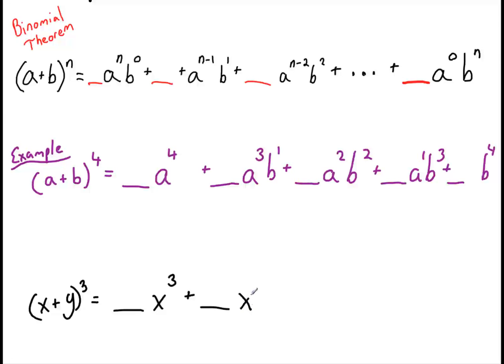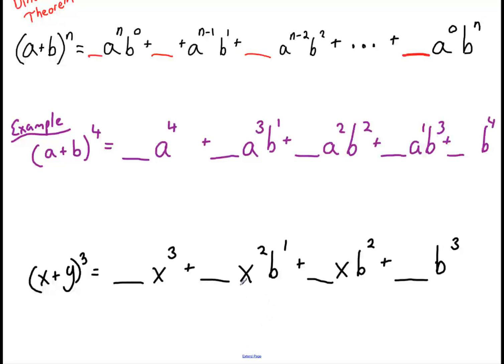Now I have x squared y to the 1st. And I have a blank. This is x to the 1st power. X is counting down, y is counting up. And the last one, I have x to the 0, so I'm not going to write it, and y cubed.